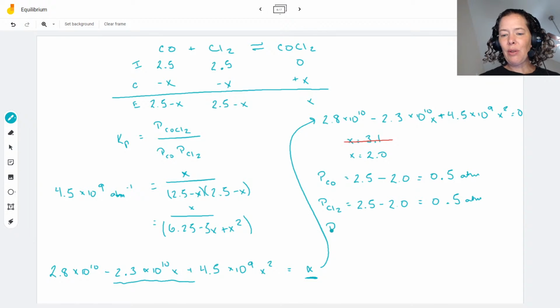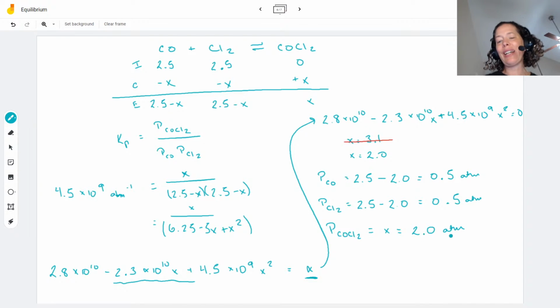And then my equilibrium pressure of COCl2 is simply x, which is 2.0 atmospheres. So this is one where the very last calculation ends up being nice and easy, which is fantastic. Okay, so well done. We slogged through quite a bit of calculations there.